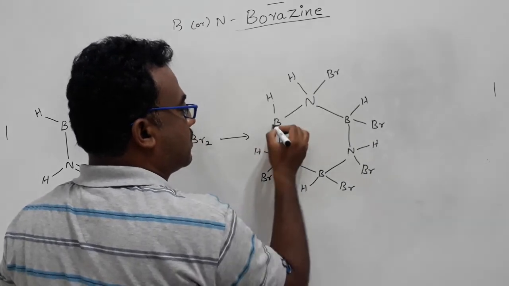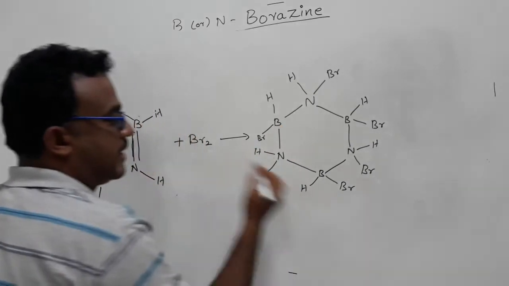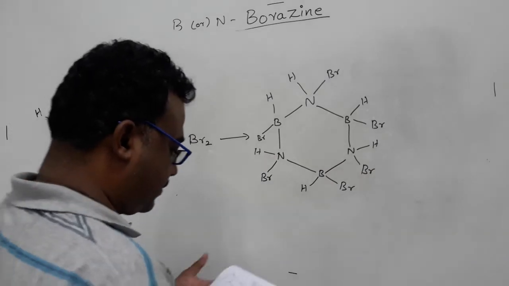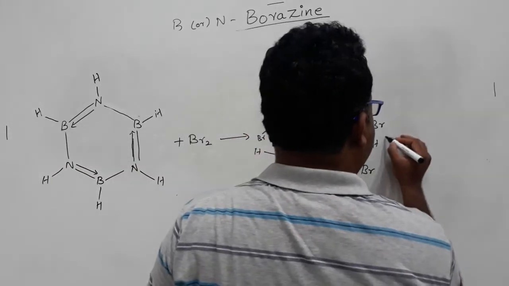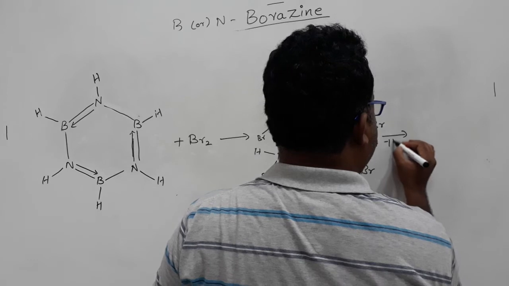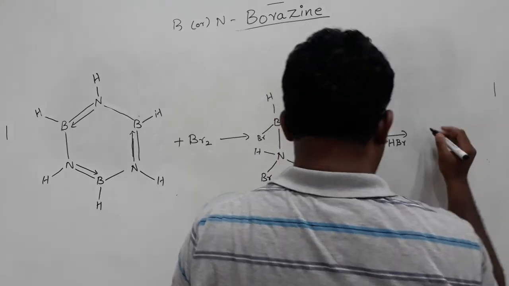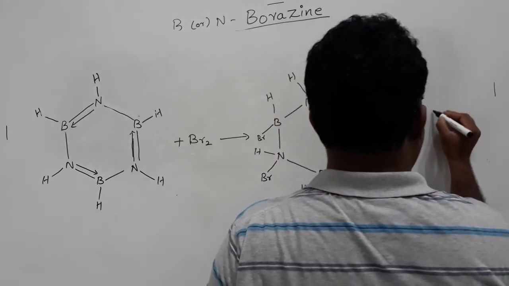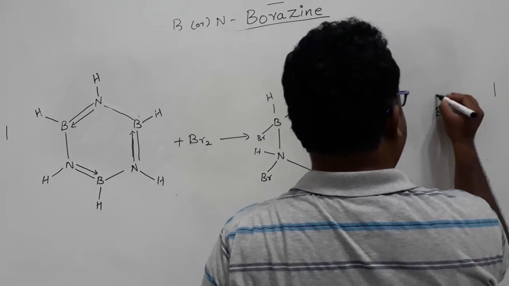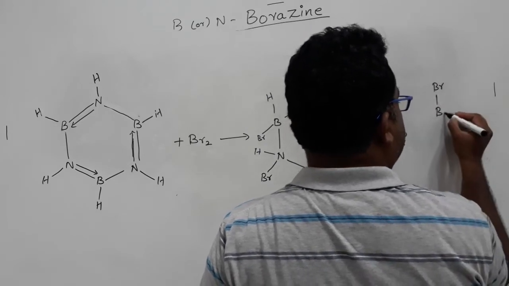Addition reaction. It loses hydrogen bromide, and you can get a compound with boron having halide.